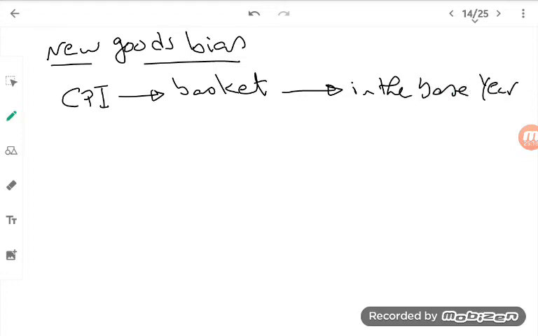Okay, let's assume that the base year is 1980. Do you think there was mobile phone in 1980? So what about mobile phone nowadays? They are not included in the calculation of CPI if we are going to take the base year 1980. So this is a form of bias.